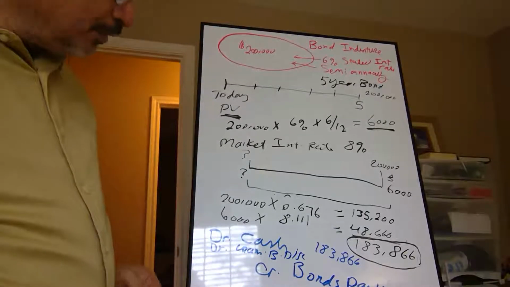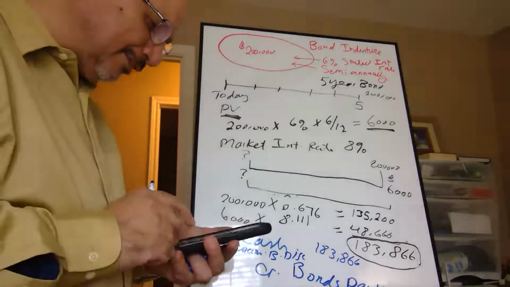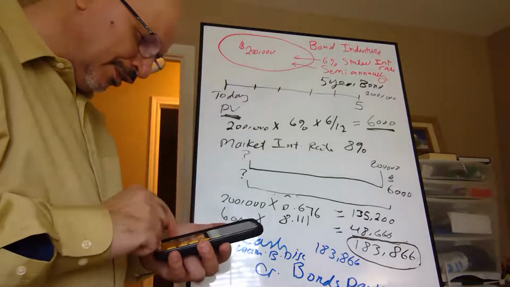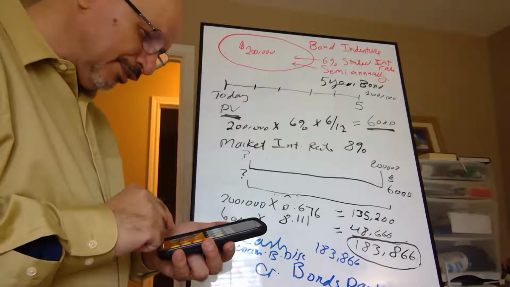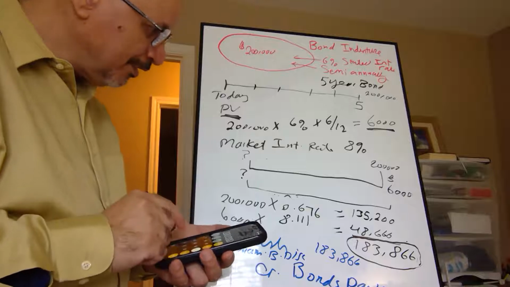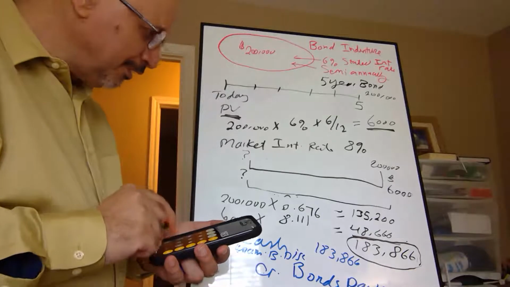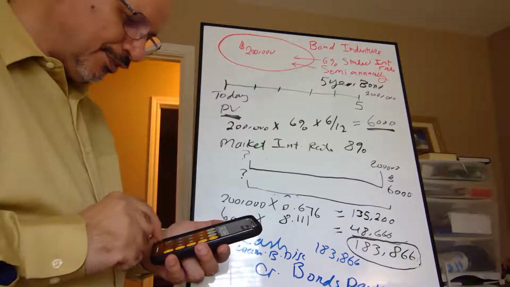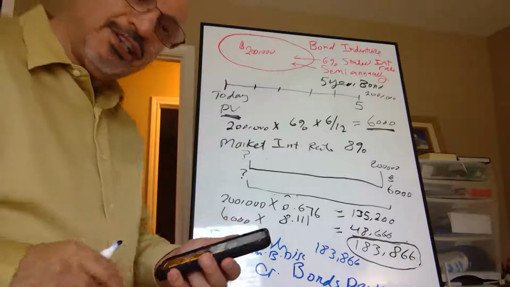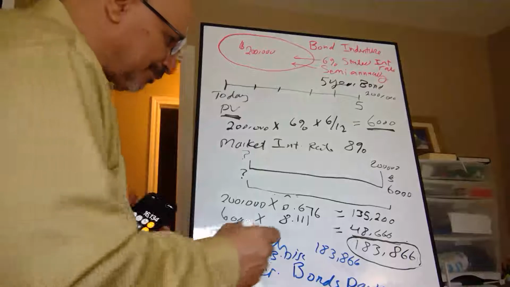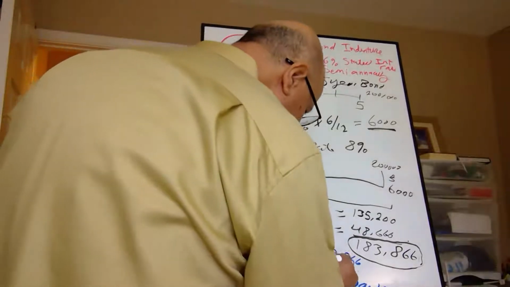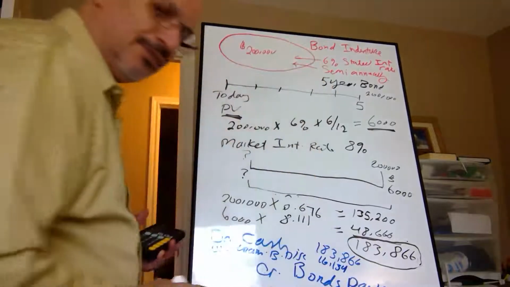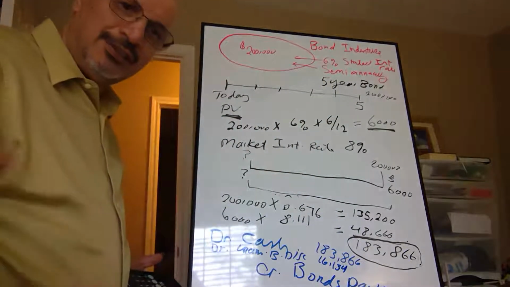What's the difference between $200,000 and 183,866? That gives us 16,134.